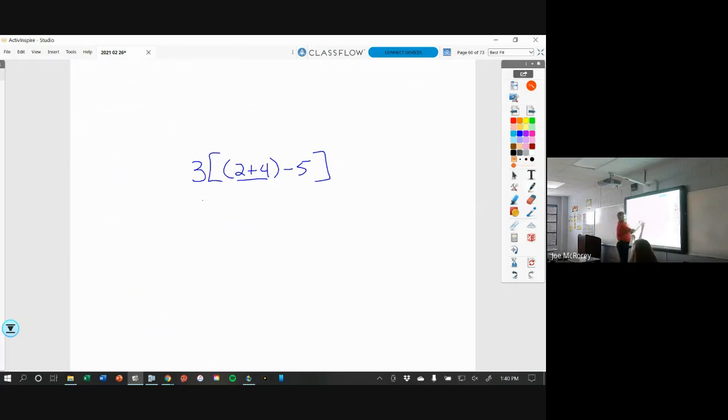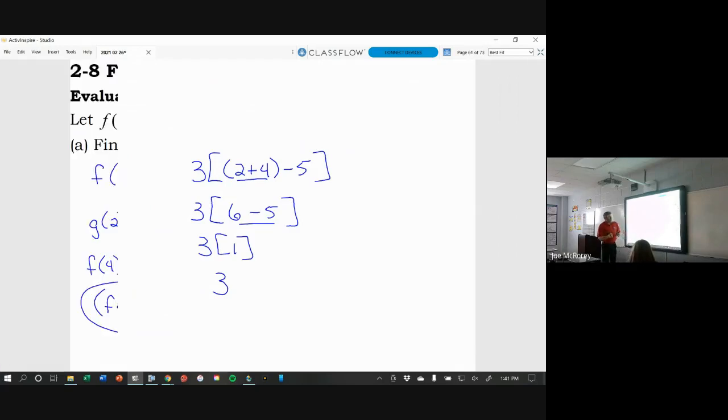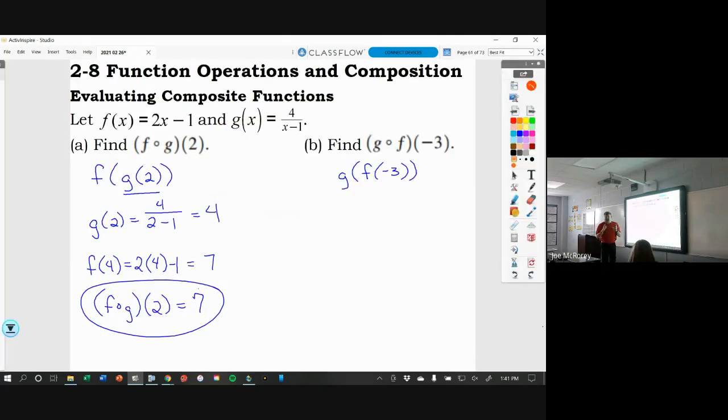We simplify that, and that would give us 6. Now what would you do next? 6 minus 5, because we started inside and we're moving our way out. That's 1.